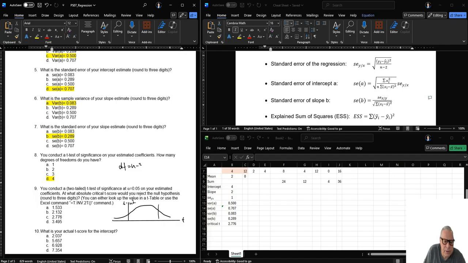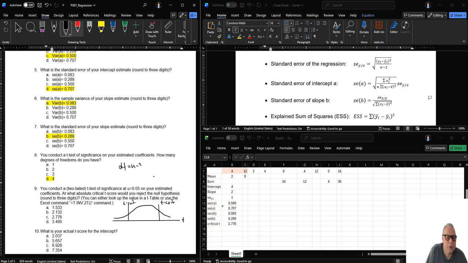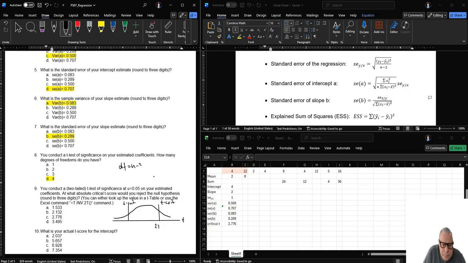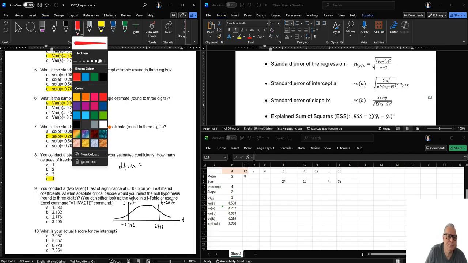And here we have another T critical. And it means to the right of 2.776 and to the left of negative 2.776, that is where we have our rejection zone.